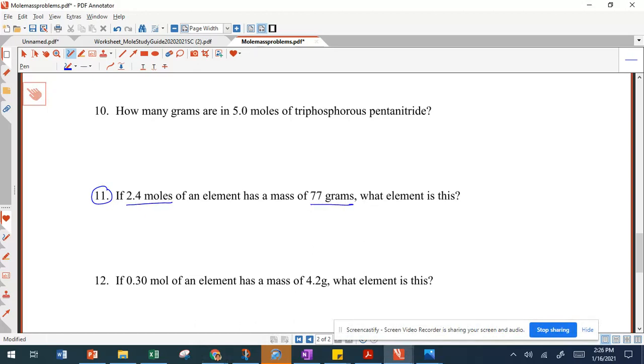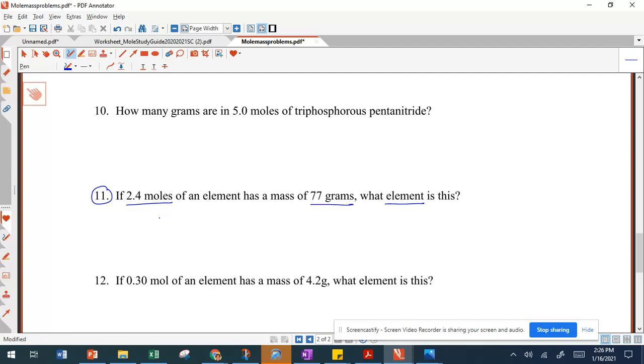Each element in your periodic table has a unique molar mass. So if we were to find out the molar mass, we would then be able to identify what element we have. If we're given the grams and the moles, we can divide these to find the molar mass.